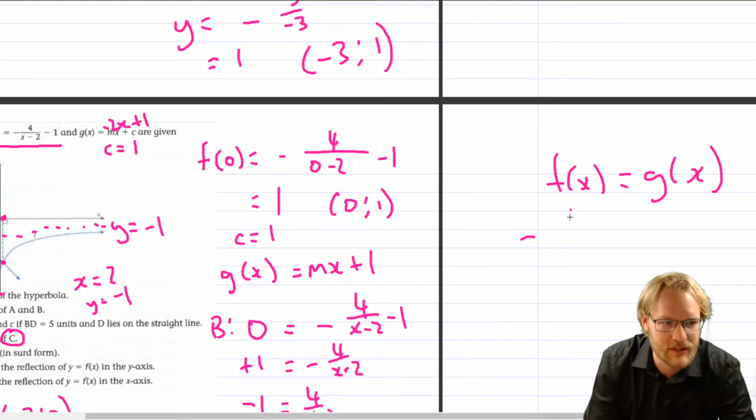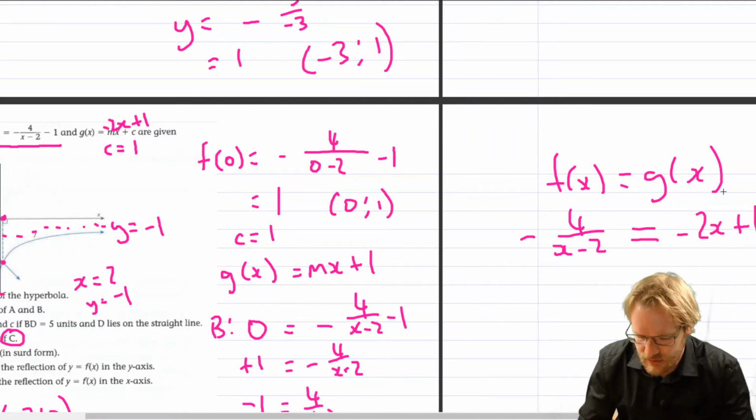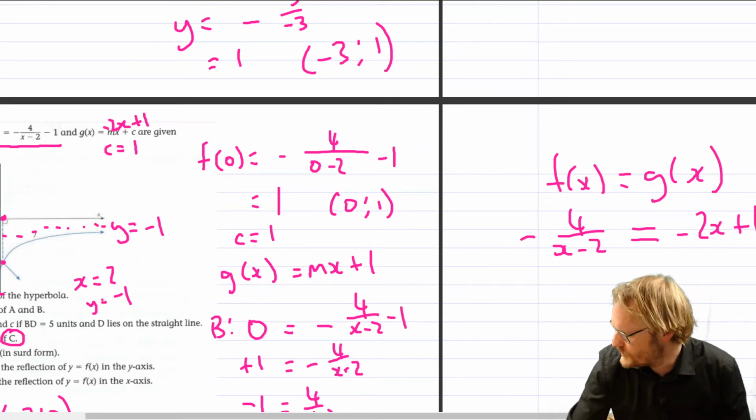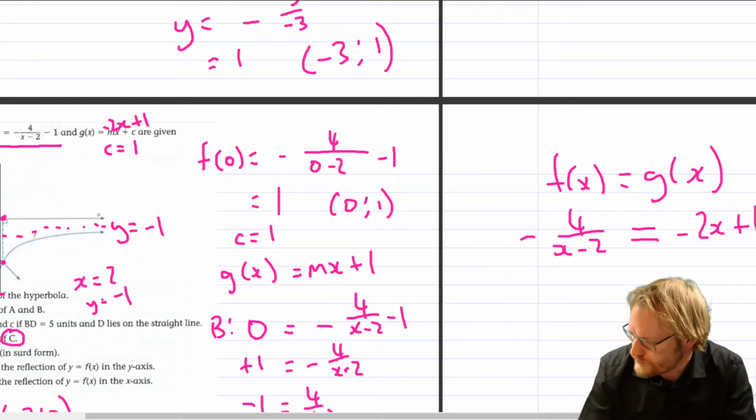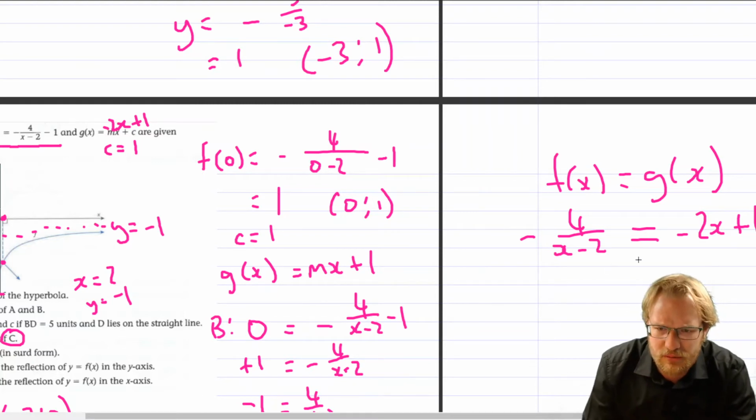When does minus 4 over x minus 2, minus 1, equal mx plus c, minus 2x plus 1? And we're just going to continue and say, well, here we go, there's an equation to solve. I don't have this minus 1 here. Minus 1.